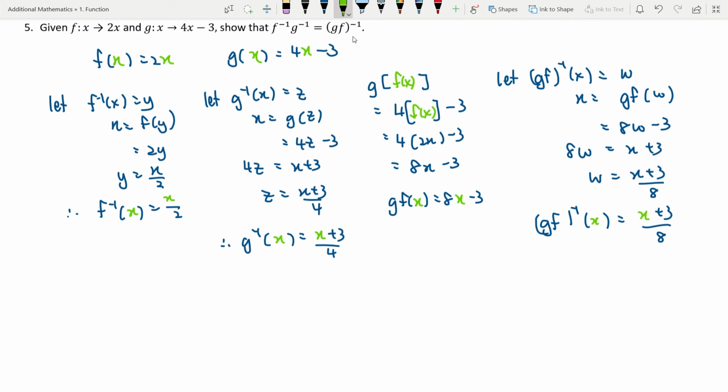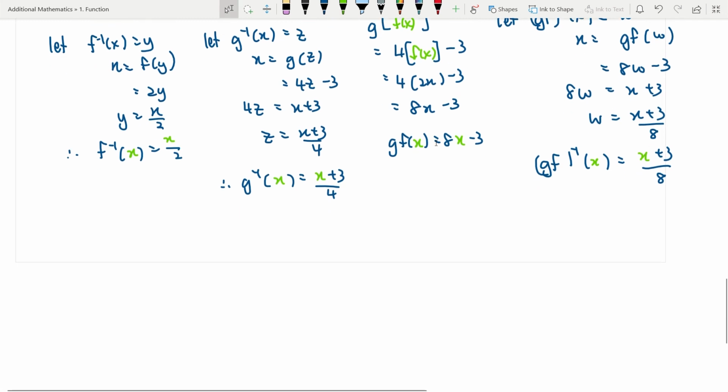Now we already obtained inverse function of f, inverse function of g, and also inverse function of gf. And one more thing we need is to find the composite function of f inverse, g inverse. f inverse of g inverse x is equal to g inverse x over 2.